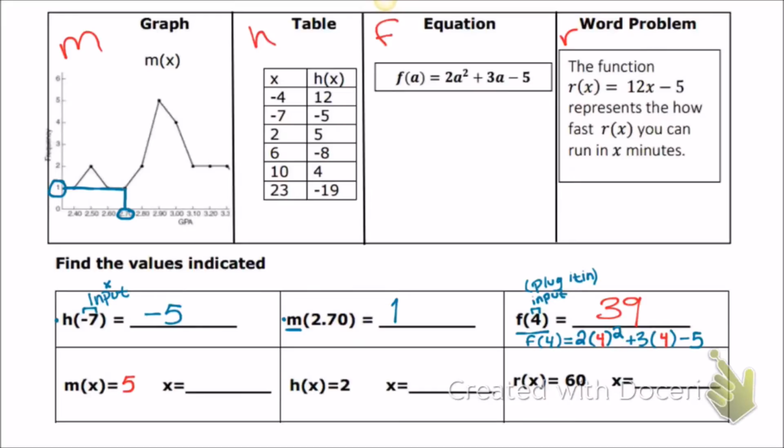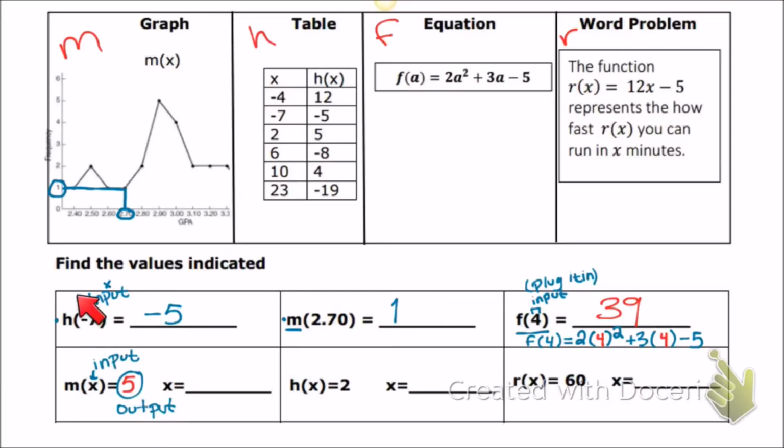Alright, so remember, this inside of the parentheses is your input. Whatever is right here is your output. We do not know what the input is, but we know what the output is. And output is another word for M of X and Y.